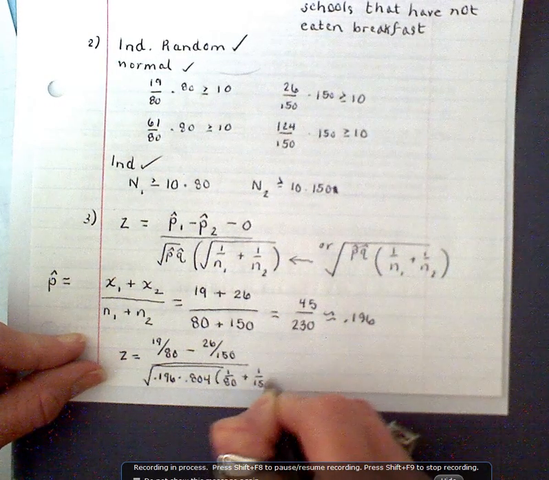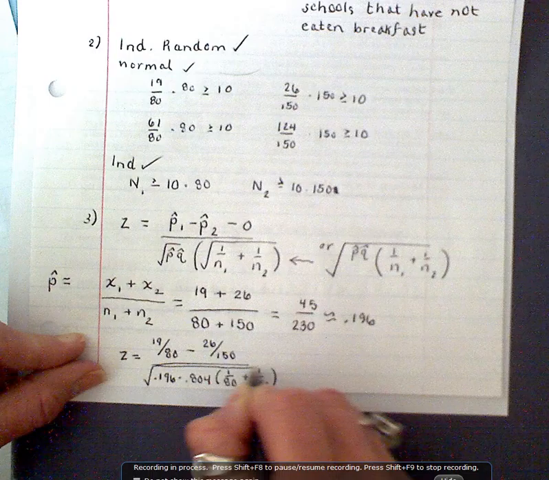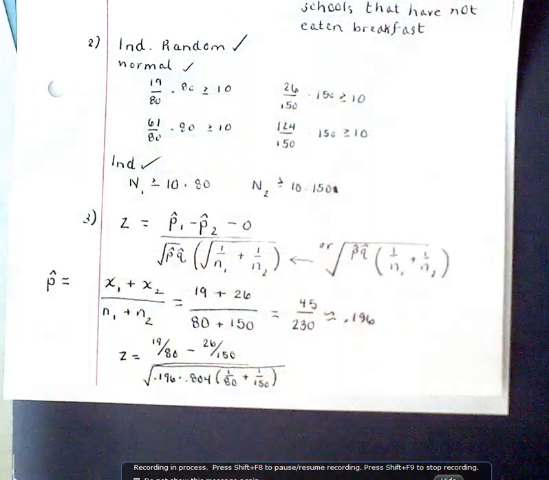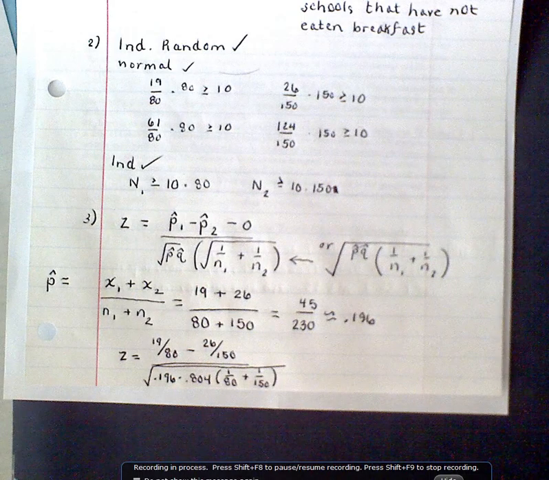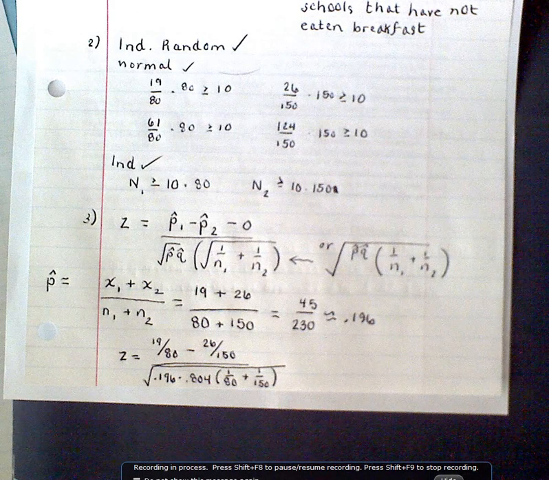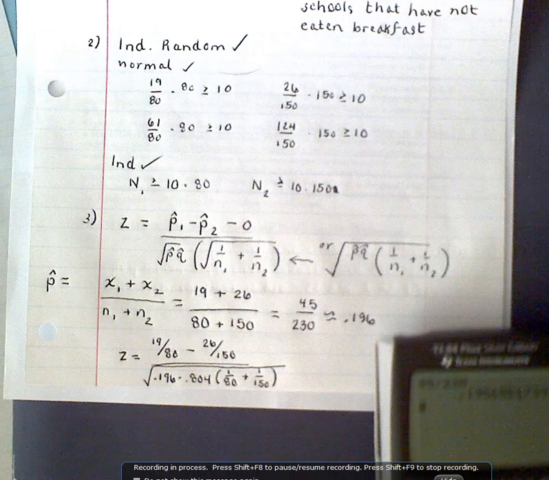Thankfully, we will not have to type this in ourselves. We're going to go to our test menu and have it get it for us. Okay? So this is what your calculator does, though, when it is finding z.